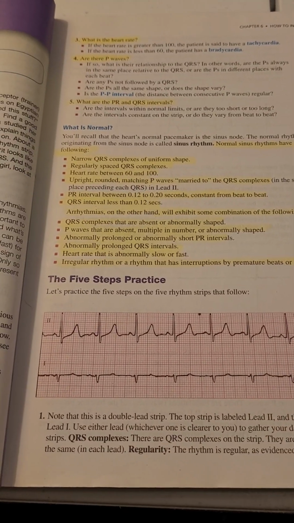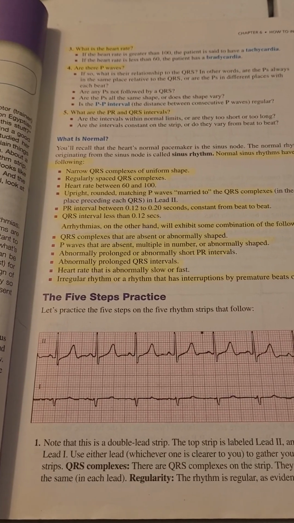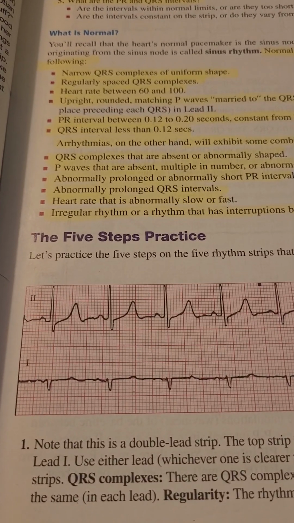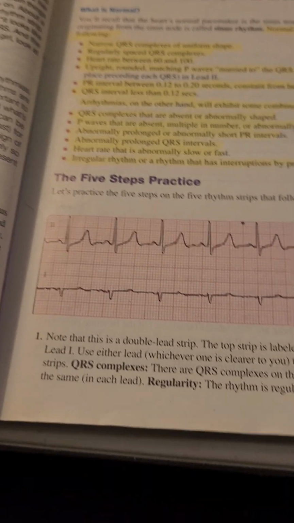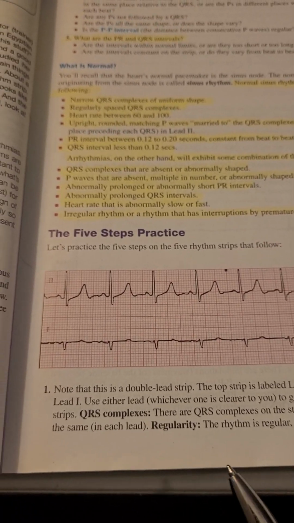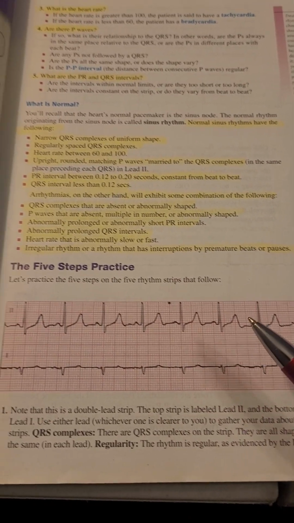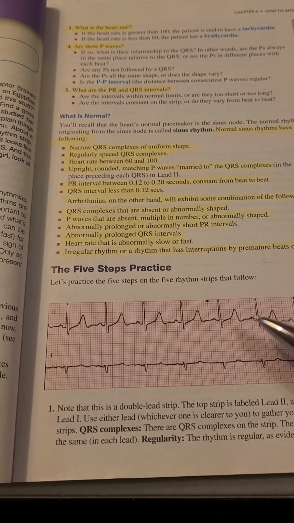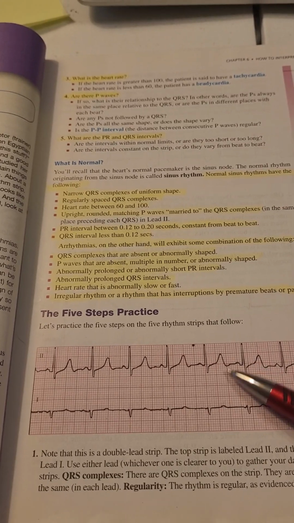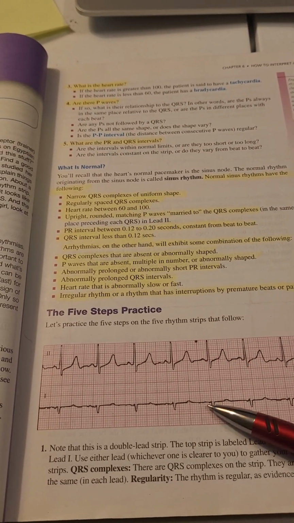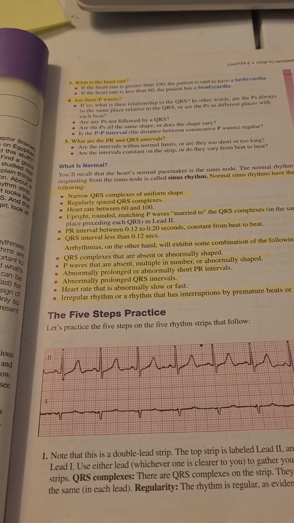So for the most part, maybe next time we can go over some, because you have an idea. I'm just going to go over one real quick. This is a double lead strip. This is beautiful, because at one place where I worked there was only one lead.